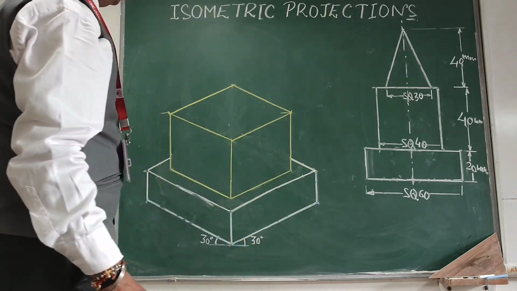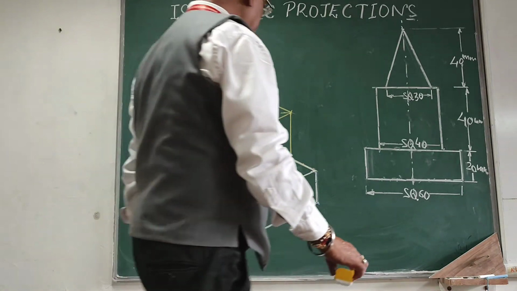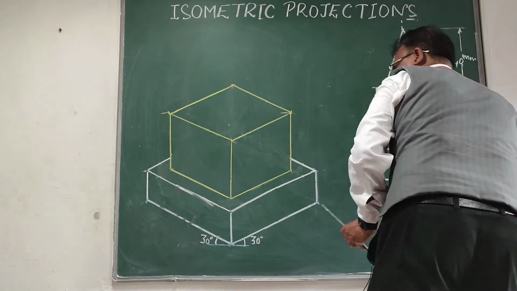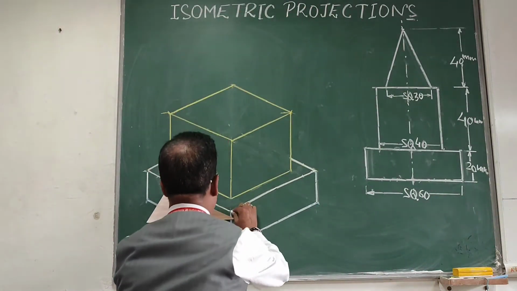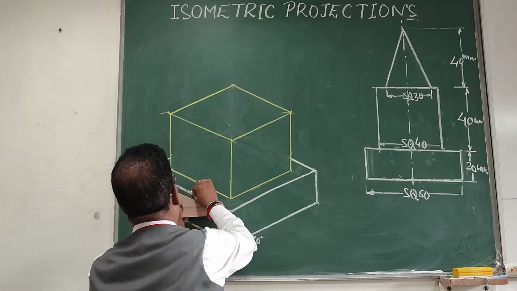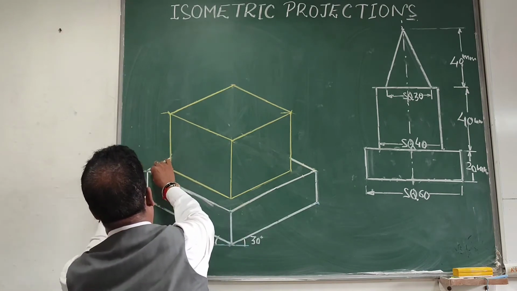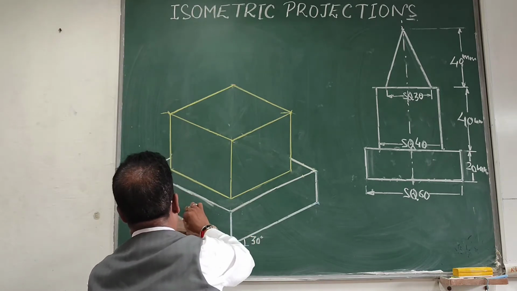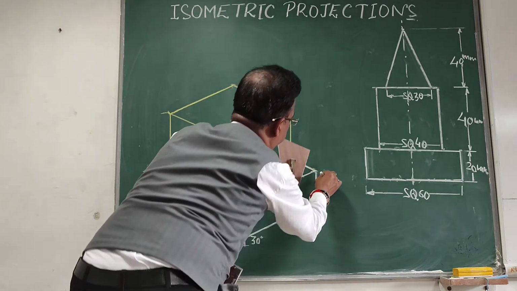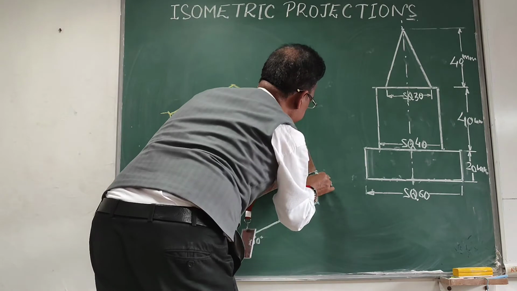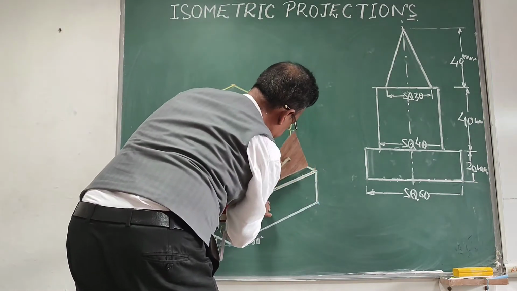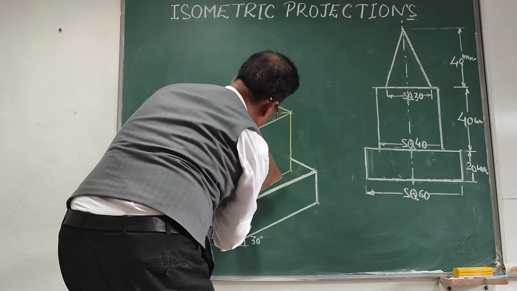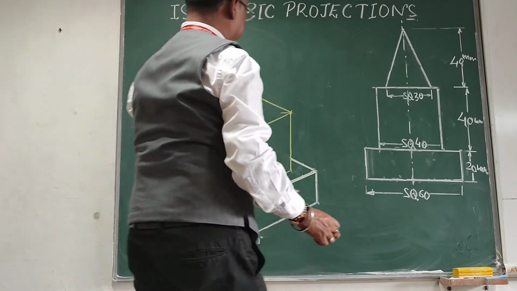Now look at this figure. There will be a square block, then above that there will be a cube. Now above this cube I have to place a square pyramid, a square pyramid of base side 30 mm.